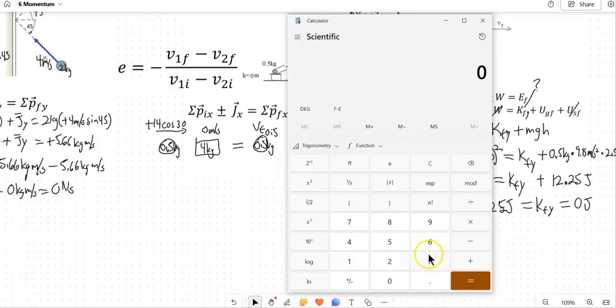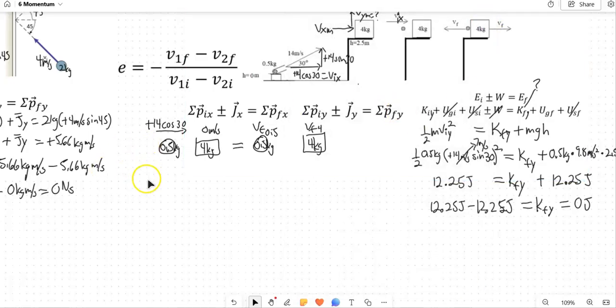So 30 degrees cosine times 14 equals 12.12. So just a little bit over, I'll write 12.124 meters per second. So its initial momentum is going to be 0.5 kilograms times positive 12.124 meters per second.